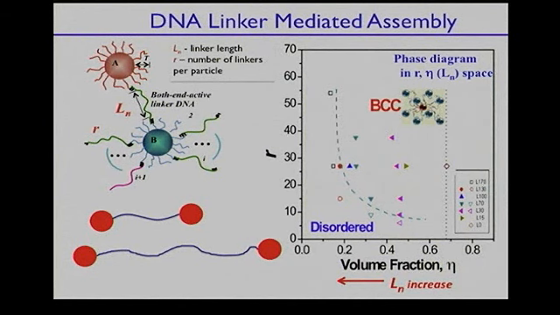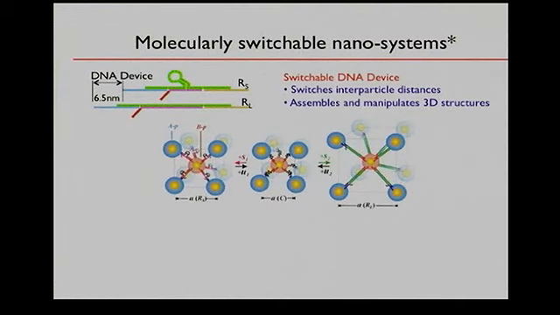As soon as we start to use these linkers, I just want to show you one example that linkers can be used for something more than just assembling the system. We can use a more active type of linker to switch the superlattice between different configurations, between different lattice constants. How can it be done? I told you only about linkers which are linear and single-stranded.